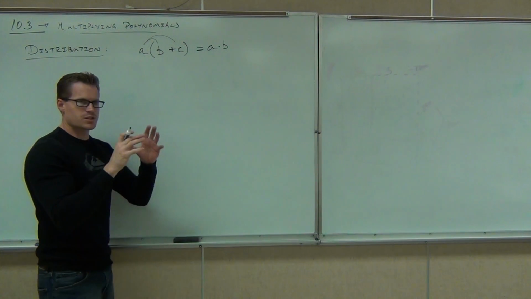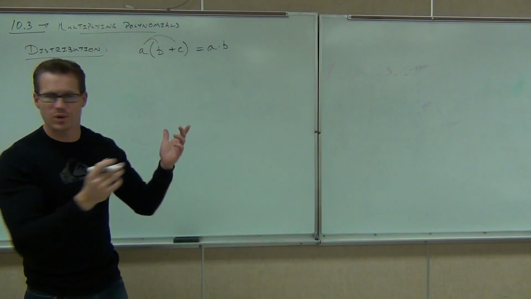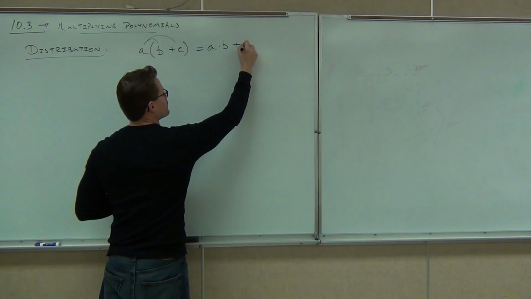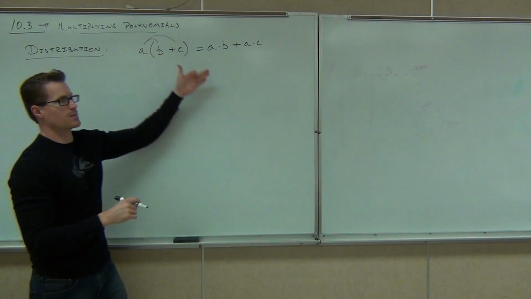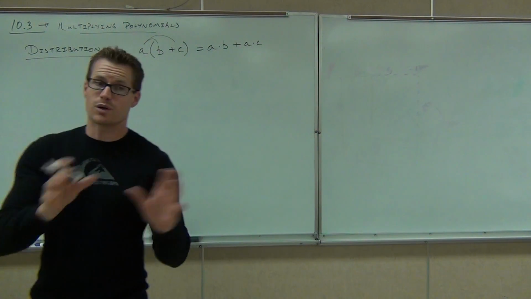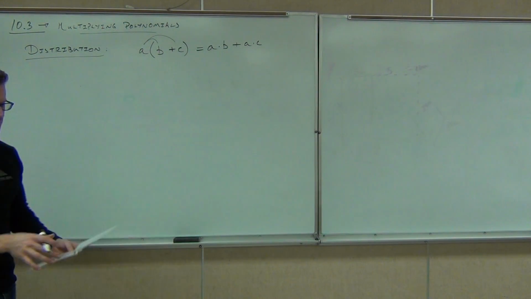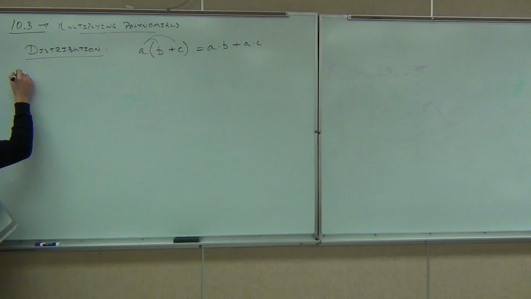And we do that with the signs taking care of themselves. Hopefully you remember that. The positive times a positive gives us a positive, so we would put a plus A times C. We do the A times B, we do the A times C. That's our idea for distribution. Do you remember that? We've been doing it for a while now. Let's do a couple simple examples and we'll build up to some things that we haven't seen quite so far.